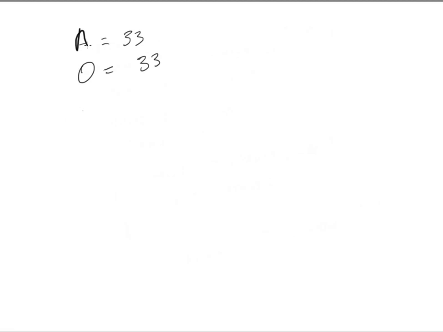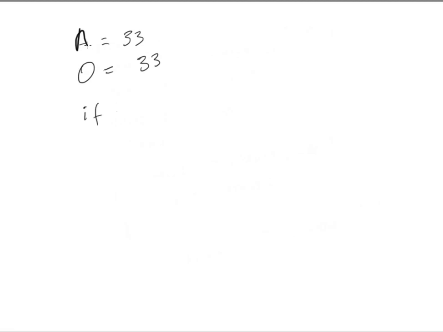Which number is larger? We want something that, if the amount of apples that we have is larger, then we're going to print apples. We have a lot more apples than oranges, right?